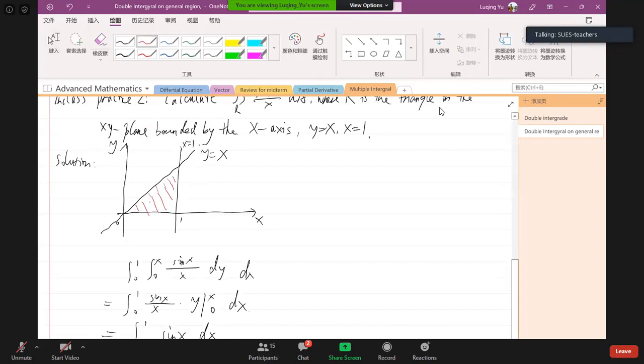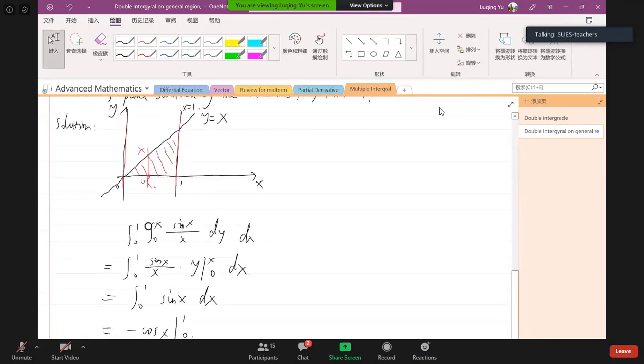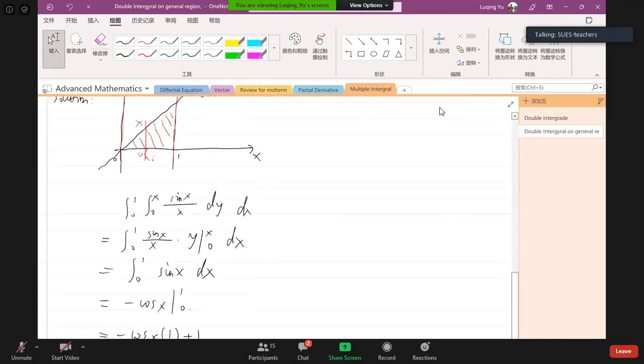So first we can fix the area here, like fix x belonging to 0 to 1. Then we know that the lower bound is 0 and the upper bound is x. Then you can transfer this integration area into the integration formula.